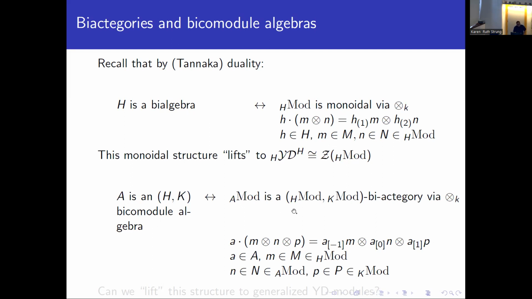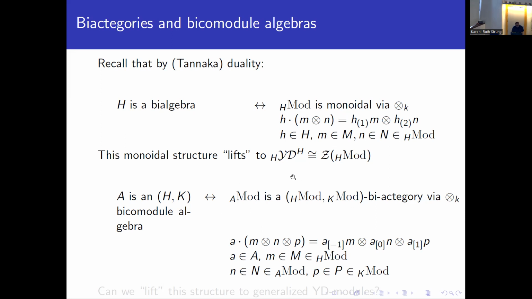And if we consider the category of A-modules, this is not bimonoidal anymore, but we consider it as a bimodule category, or bicategory, over H-modules and K-modules. Of course, this is also via the usual tensor product, where you can see here the action of A on M tensor N tensor P is given by diagonal actions.